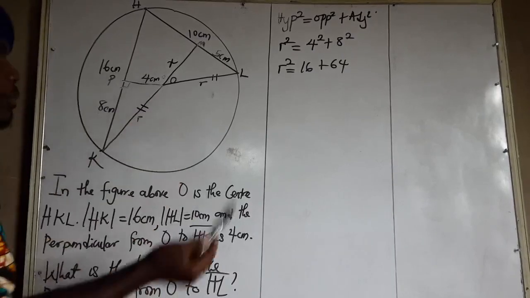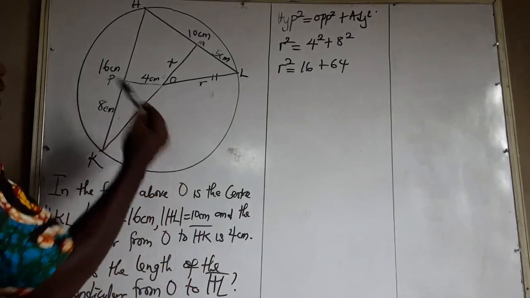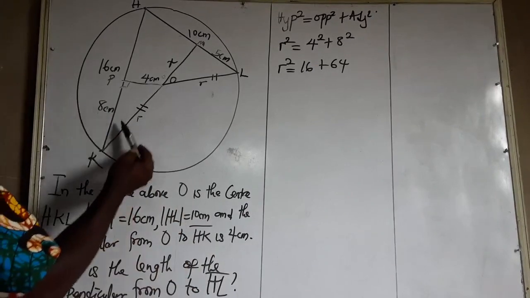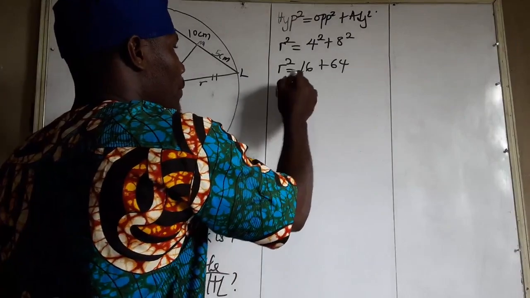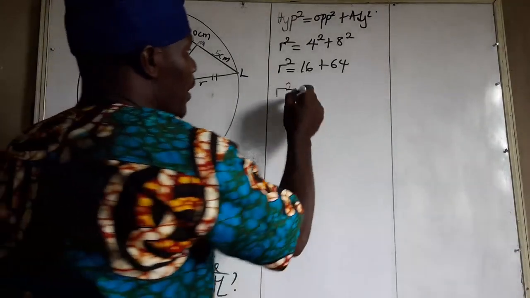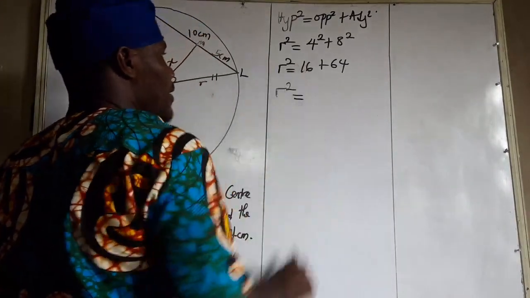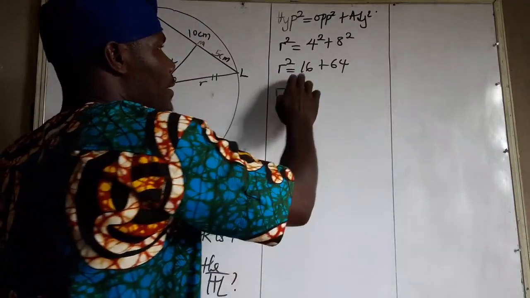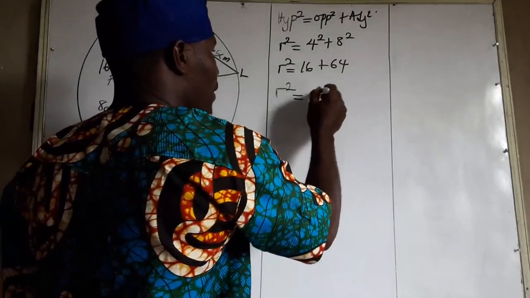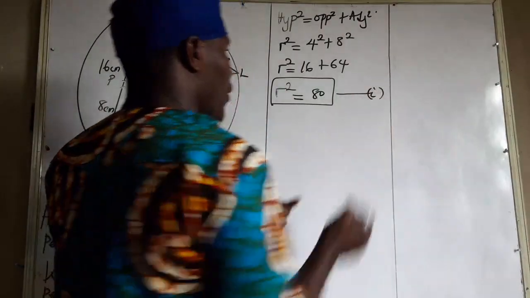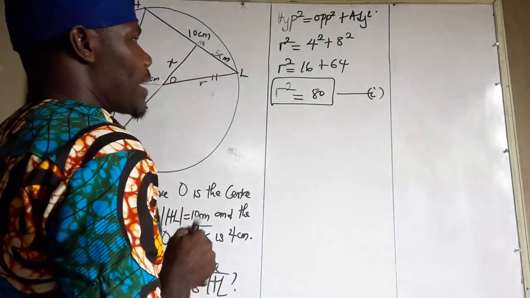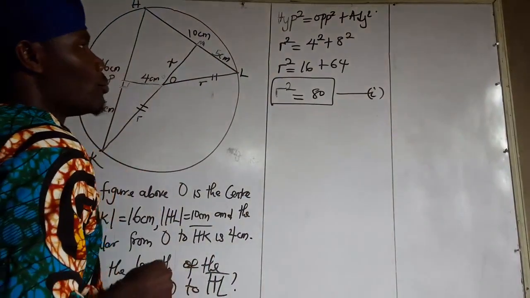The other sides are opposite and adjacent, depending on where the angle falls. So 16 plus 64 gives us 80. This is a very meaningful equation. Let's call this equation 1: R squared is equal to 80.